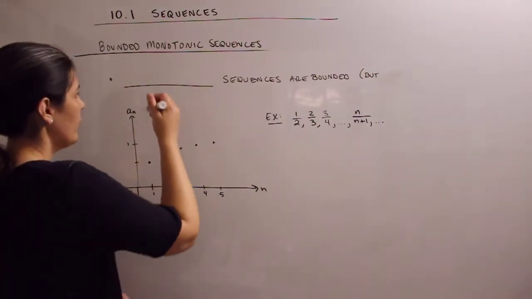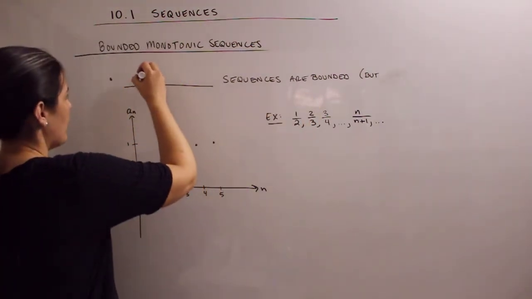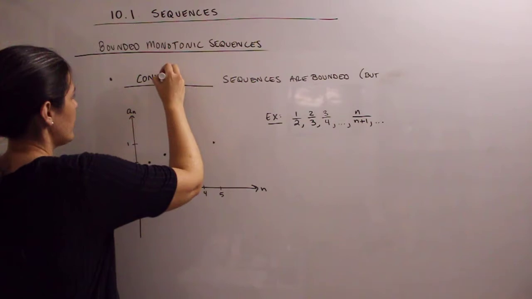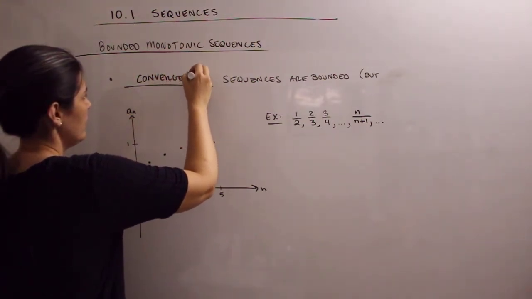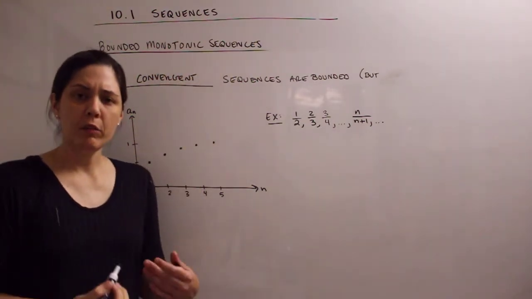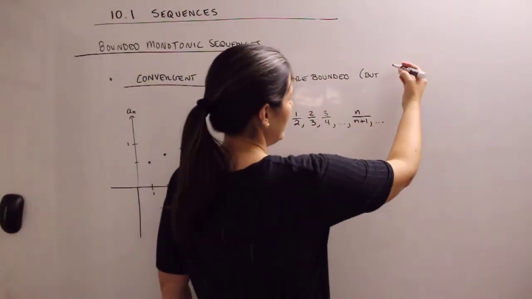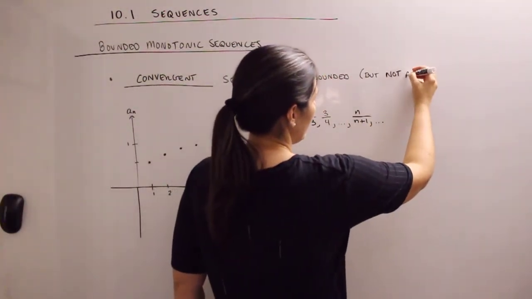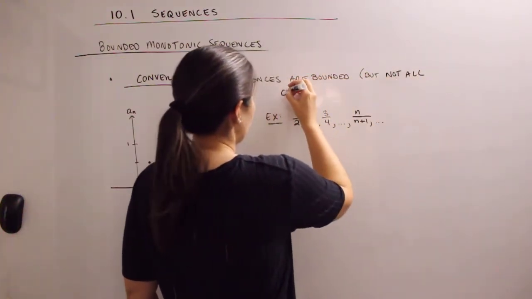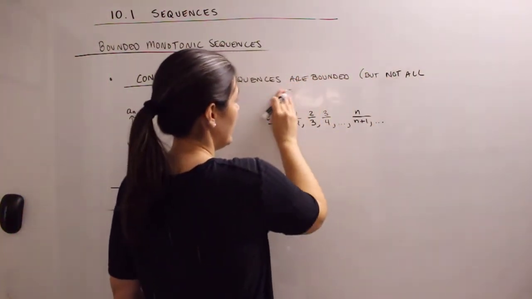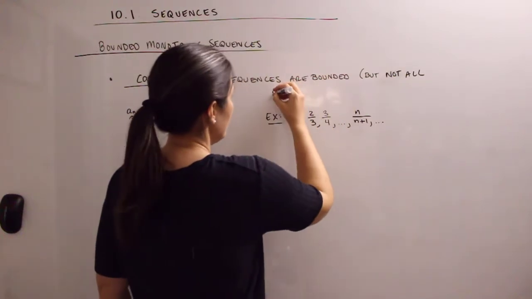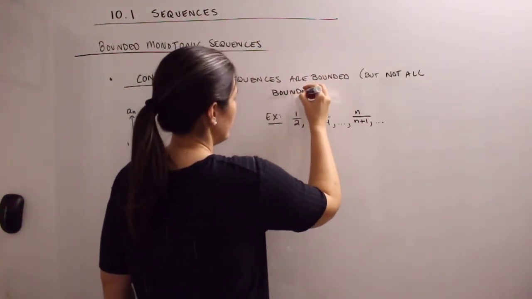So convergent sequences are bounded. If they converge, then they have what's considered a bound. I do have a but over here: not all bounded sequences converge.